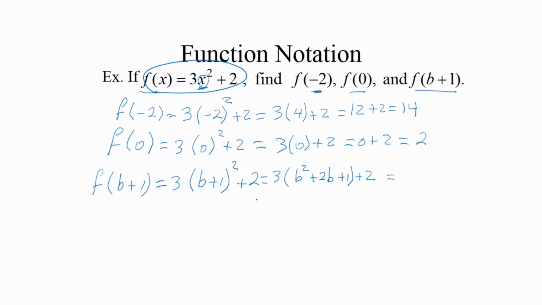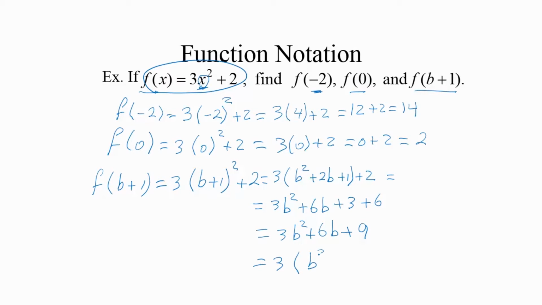Now multiply 3 by this: it would be 3b squared plus 6b plus 3, plus 3 times 2 is 6. So 3b squared plus 6b plus 9. If you want, you can factor out the 3, I suppose.